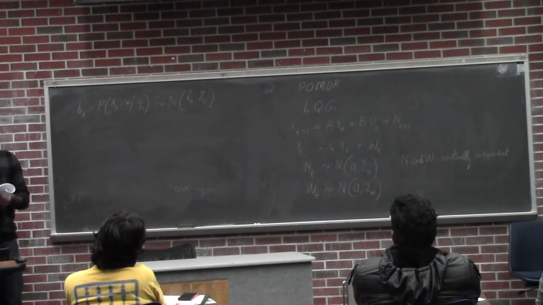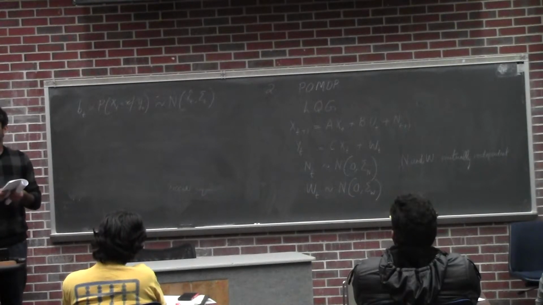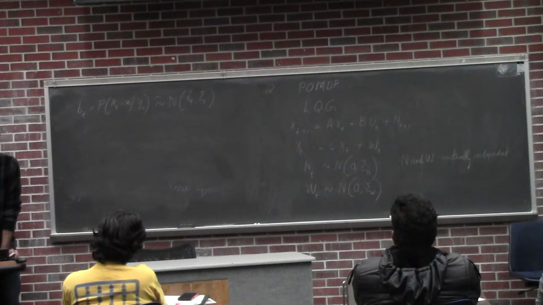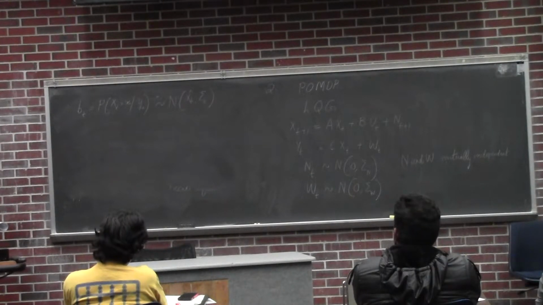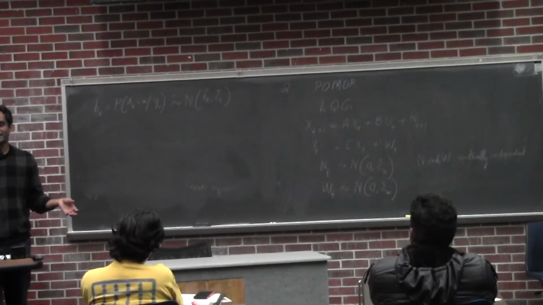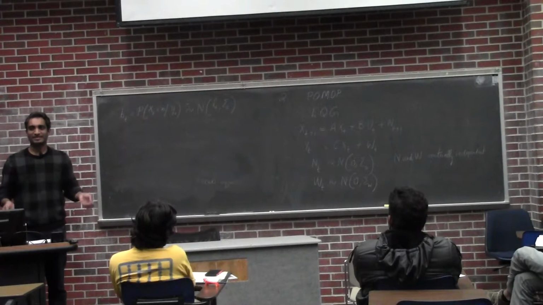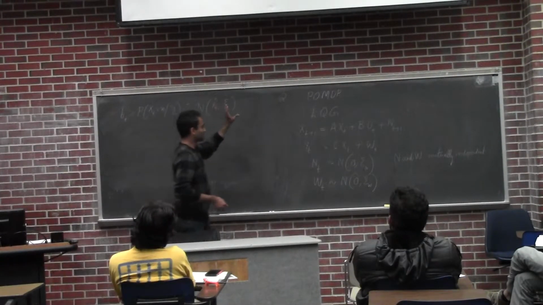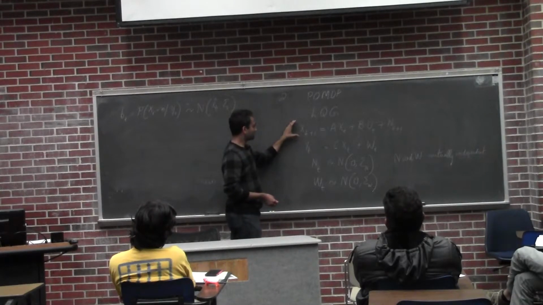So what is going to be the optimal estimate in this case for a linear Gaussian system? Same as the observed case? No, in the observed case, we didn't need an estimate, right? Because we have access to the Markov chain. So in this case, this is your controlled Markov chain, but you only have access to the observations.